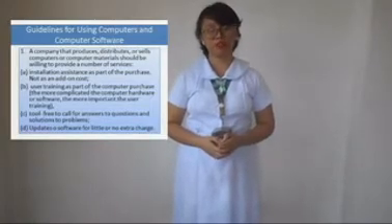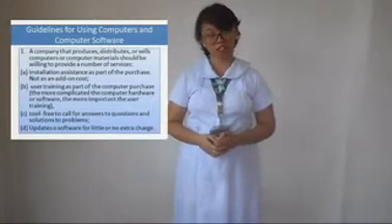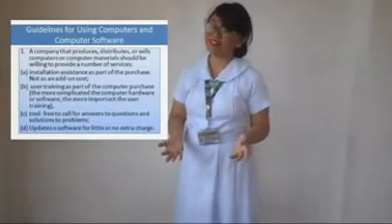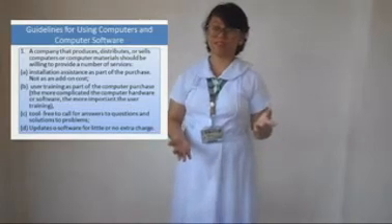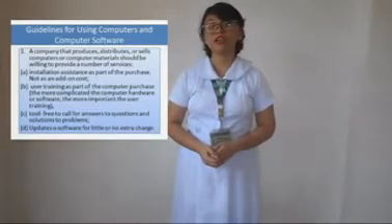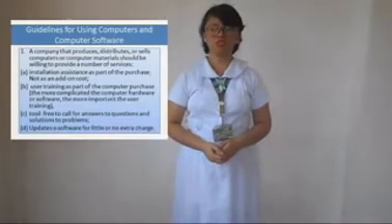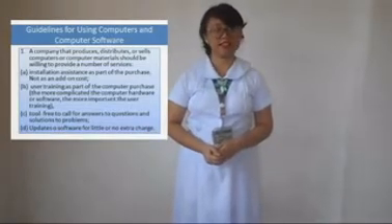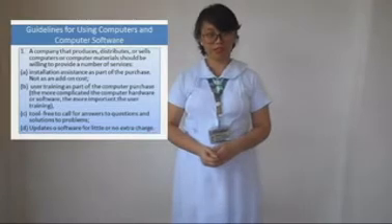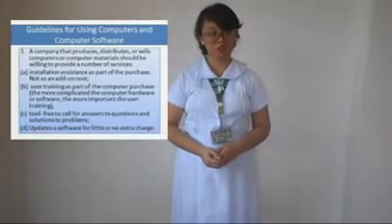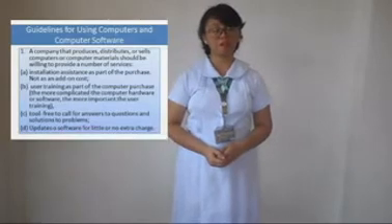B. User training as part of the computer purchase, like the more complicated the computer hardware or software, the more important the user training. C. Toll-free number to call for answers to questions and solutions to problems. And lastly, D. Updates of software for little or no extra charges.